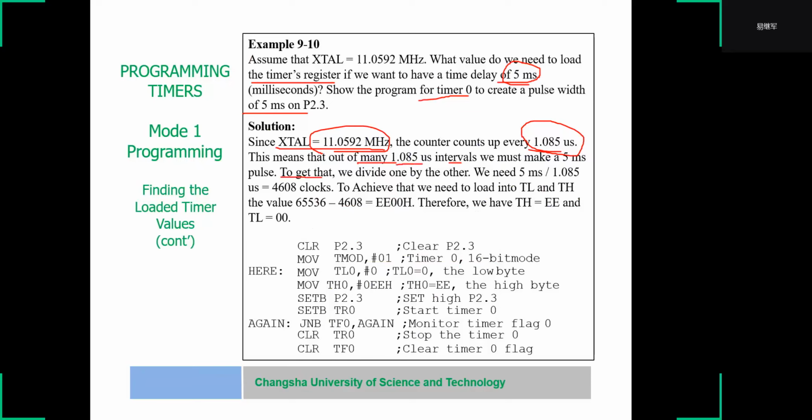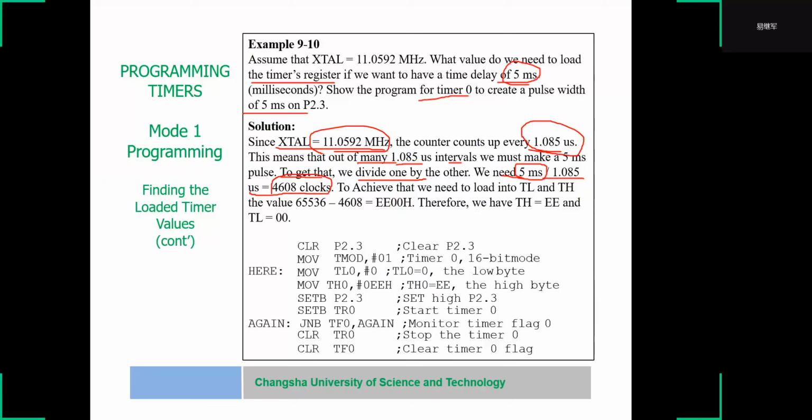To get that, we divide 5 ms by 1.085 microseconds. We get the value 4,608 machine cycles.